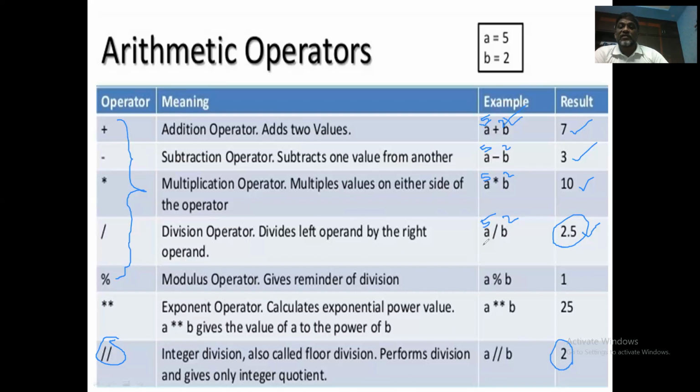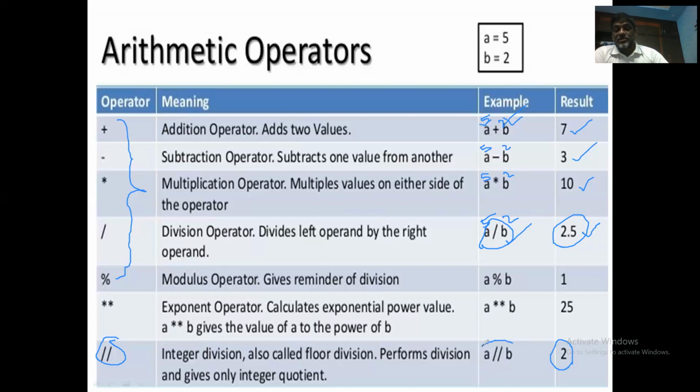So by default, slash operation represents a floating point division. Okay, so in other languages, it is going to be integer division. If you observe it in C language, 5 by 2 will be returning 2 only, not 2.5. But in Python, it returns 2.5. Okay, single slash represents a floating point division. Please remember this difference.